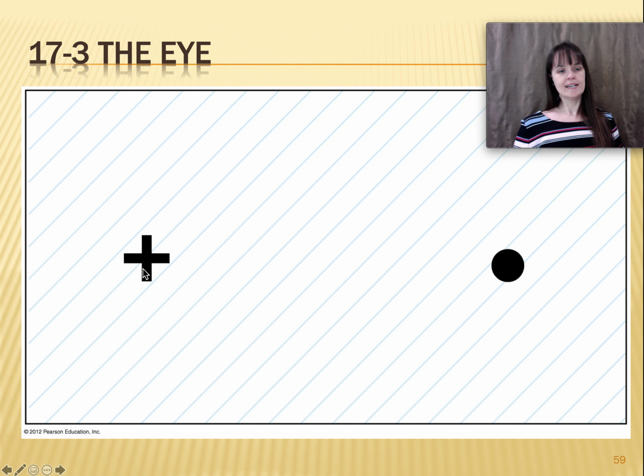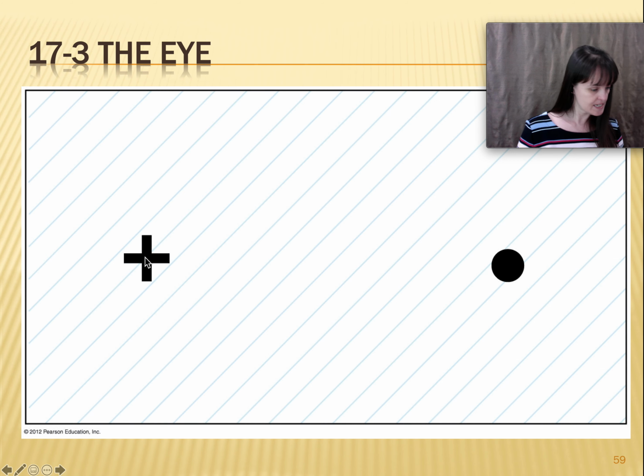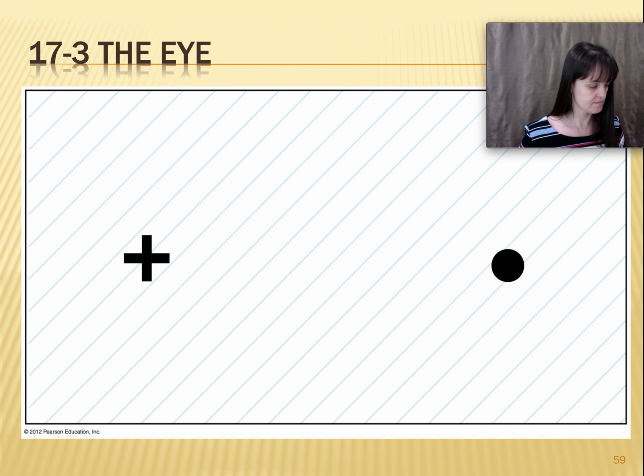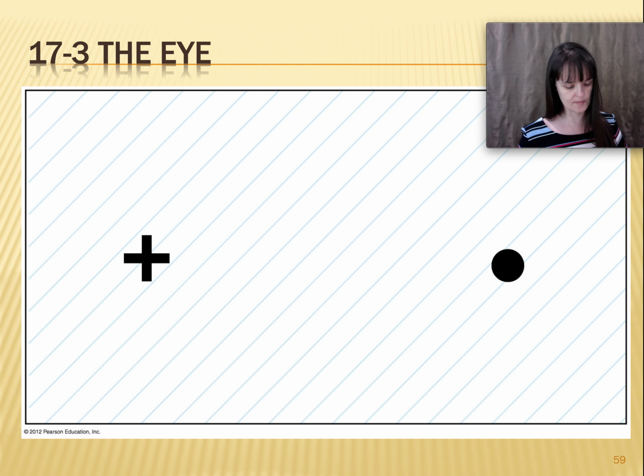Oh, and here is how you see your blind spot. I have these instructions written out somewhere. Okay, they're in the book. So you cover one eye gently. You never squish an eyeball, always cup to cover. You cover one eyeball and focus on either the plus or the dot.